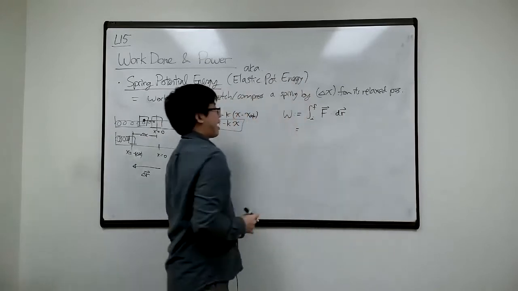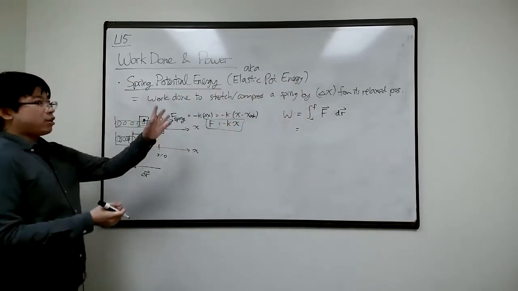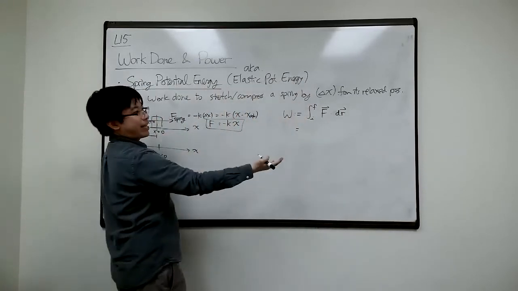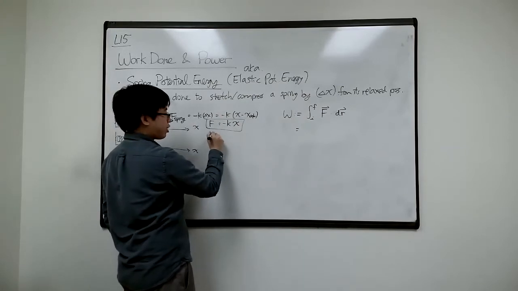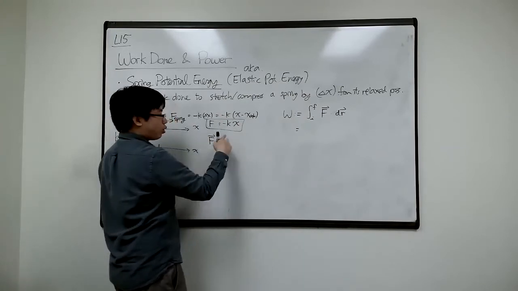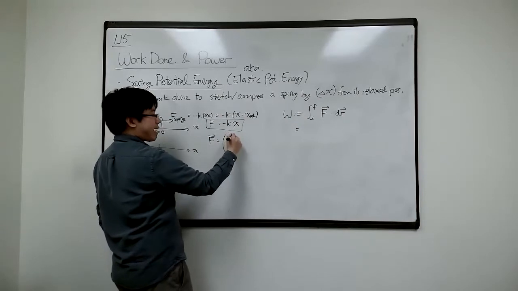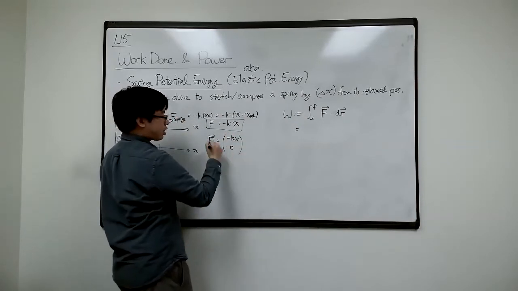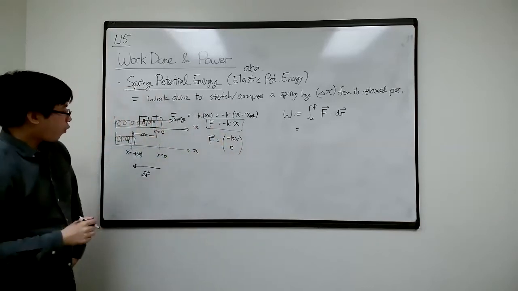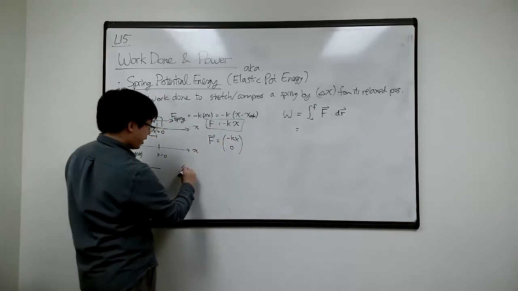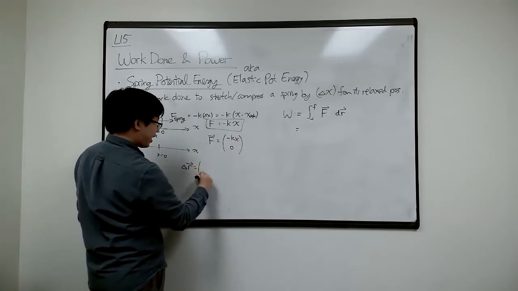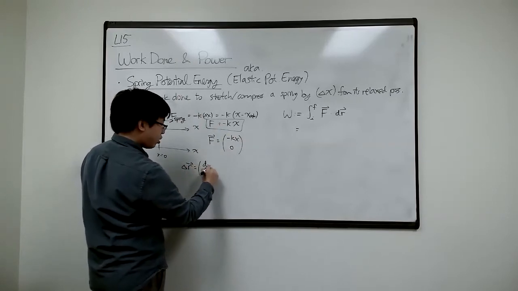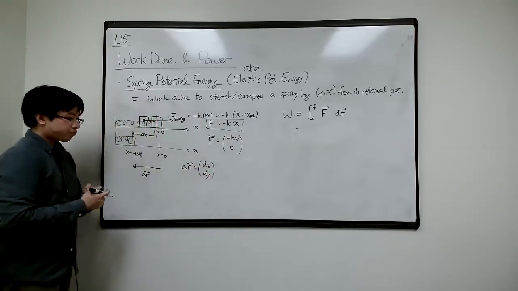Now let's put in all the vector form. We cannot get away from that, but you'll see it's actually not too difficult. So it's minus kx in the x direction. Is it going in the y direction? No, the spring is not. So that's the force. And dr, again, delta r, is dx dy, just like that.